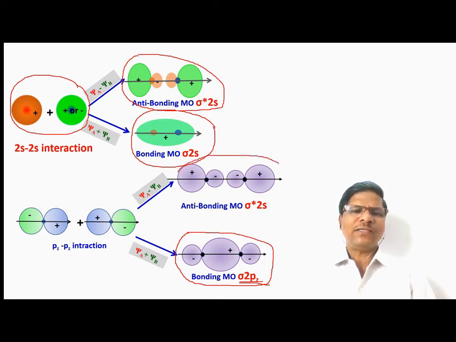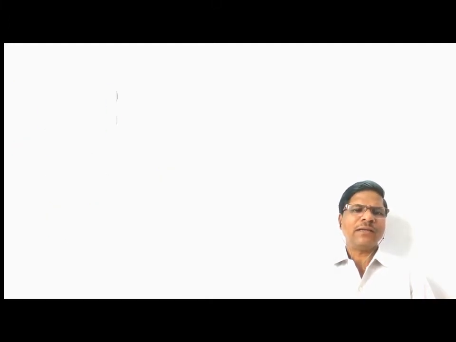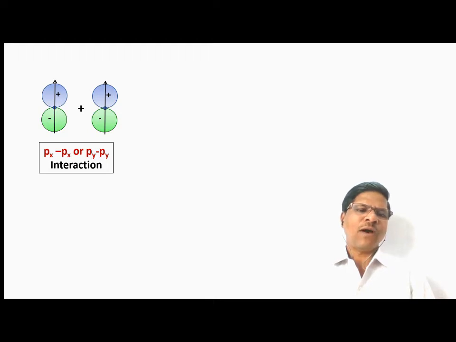Okay, so we have this antibonding molecular orbital resulting from the 2pz-2pz interaction, and it is labeled as sigma star 2pz.